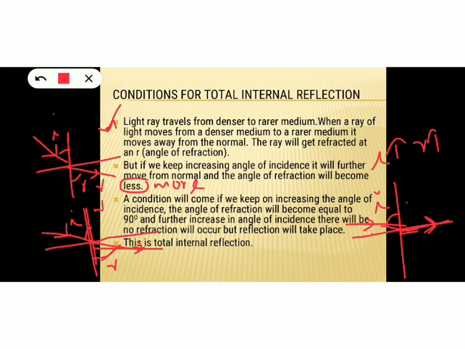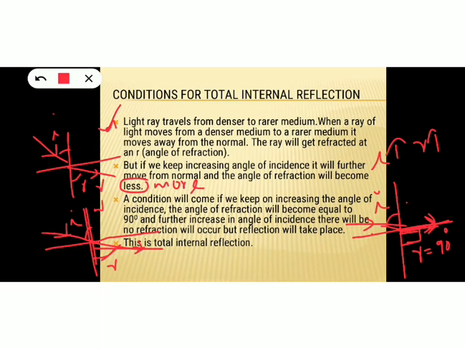So this is our refracted ray and this is the normal. This is the angle between the refracted ray and the normal, the angle of refraction, and it is 90 degrees. So for a particular angle of incidence, the angle of refraction becomes 90 degrees.